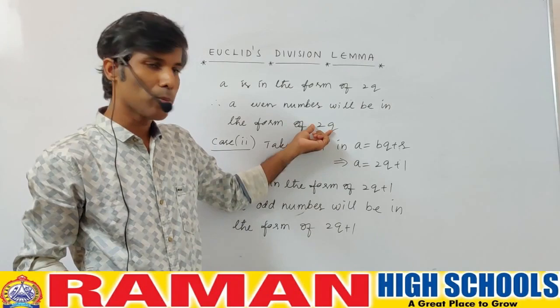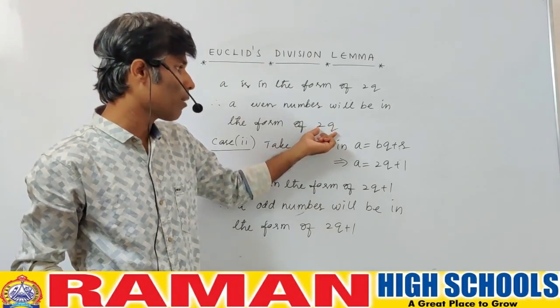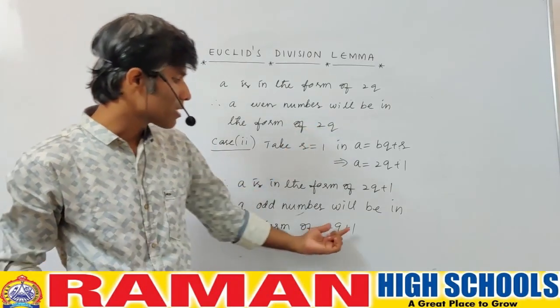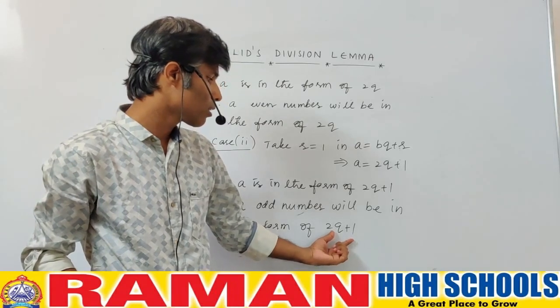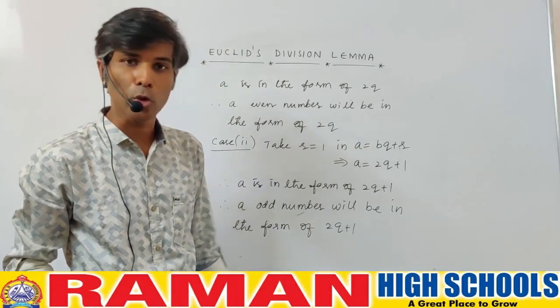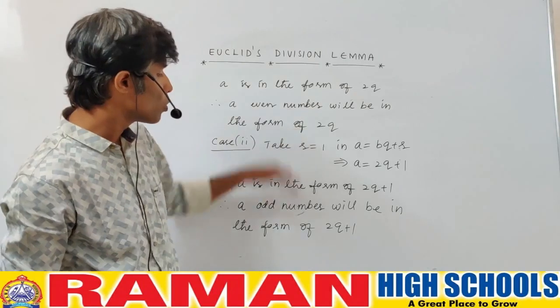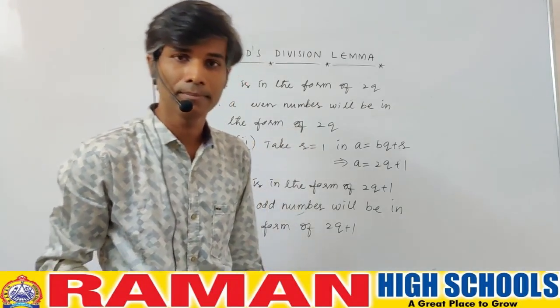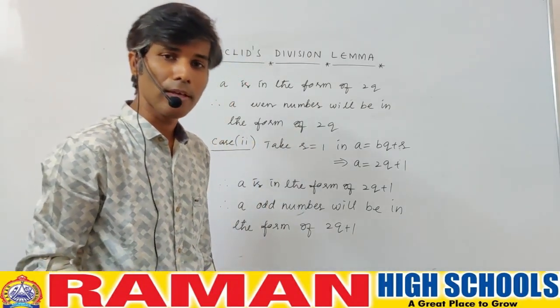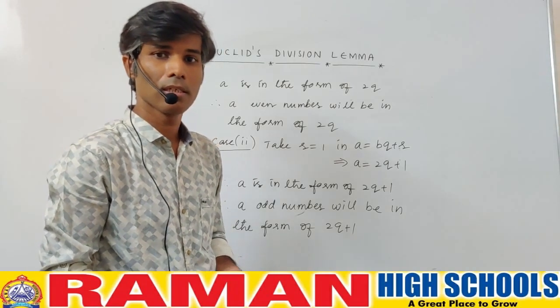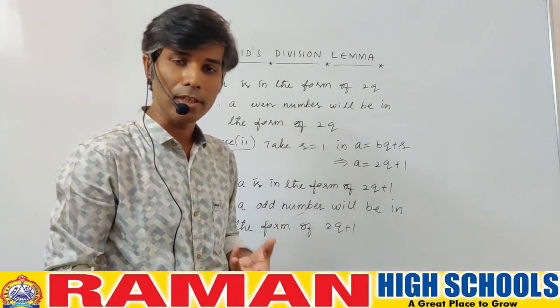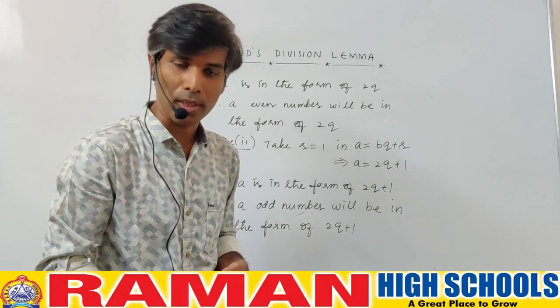In the first case, we have proved that an even number will be in the form of 2q, and in the second case, we have proved an odd number will be in the form of 2q plus 1. From these two cases, we can conclude that every positive integer will be either in the form of 2q or 2q plus 1.